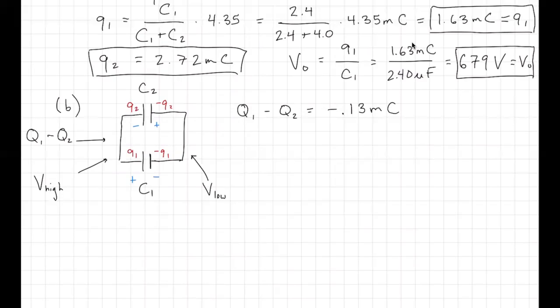So let's see. It's the same thing here. Q1 plus Q2 is equal to big Q1 minus Q2, because the charges are just sort of reorganizing until equilibrium is reached.